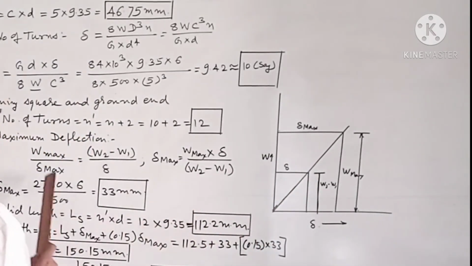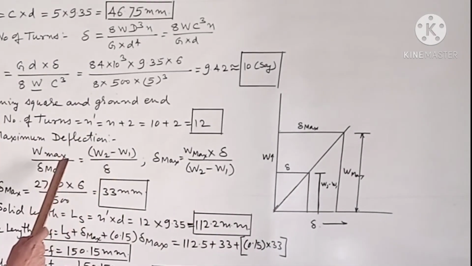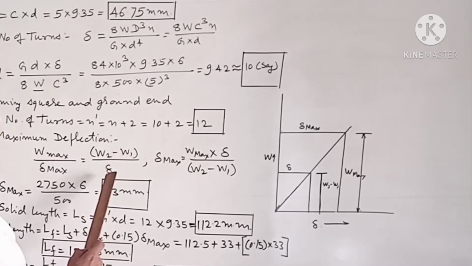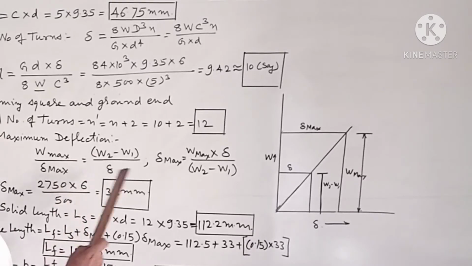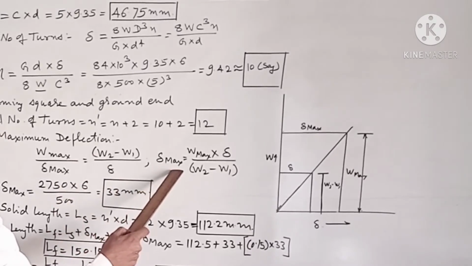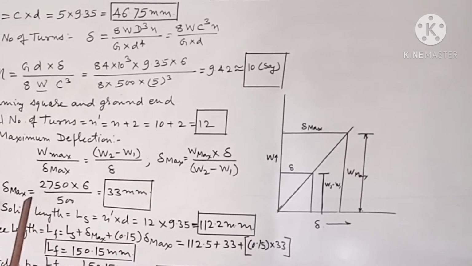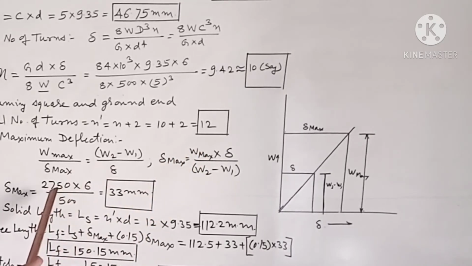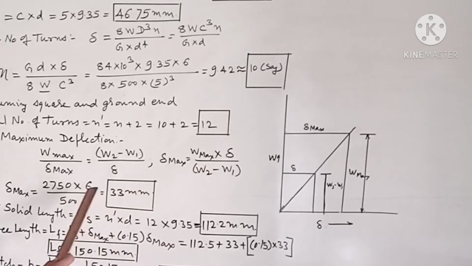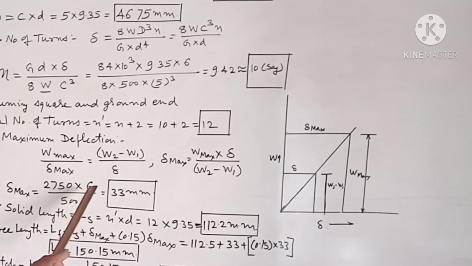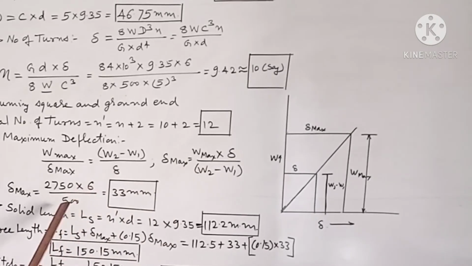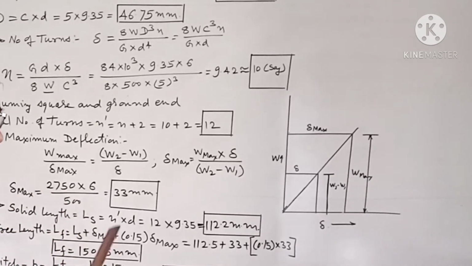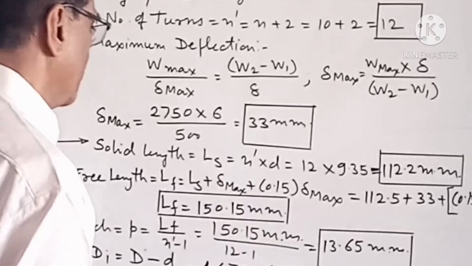From this we will calculate the delta maximum. So putting the values of W maximum, that is 2750, delta for the load range, that is 6, upon 500 load range, delta maximum comes out to be 33 millimeter.